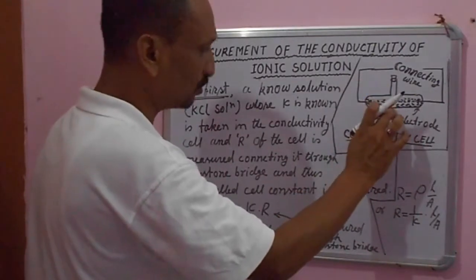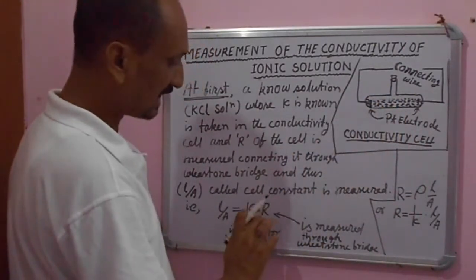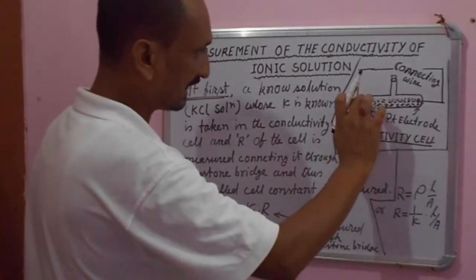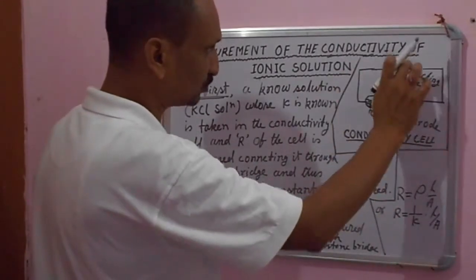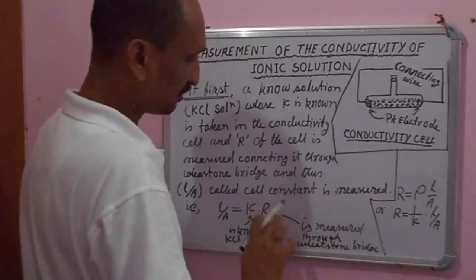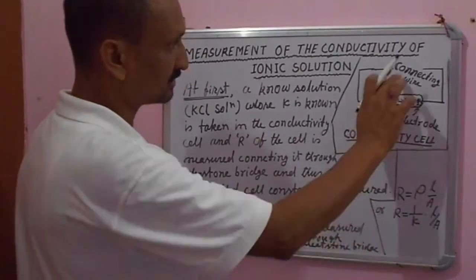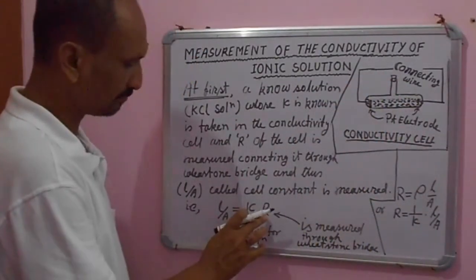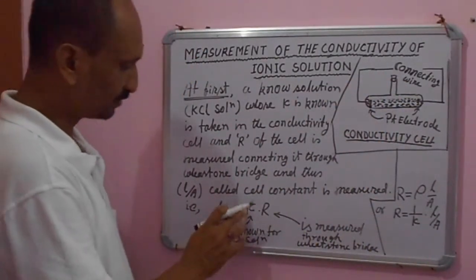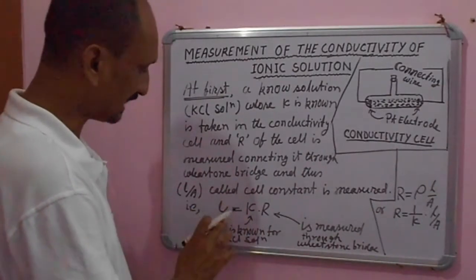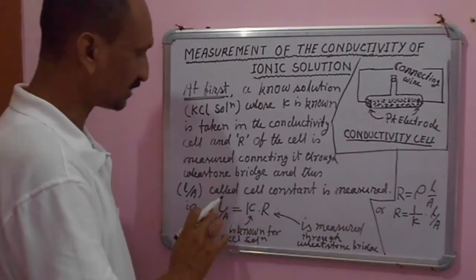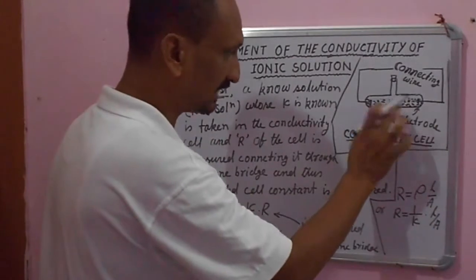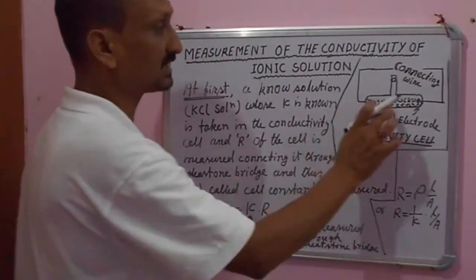Then we measure R by connecting this conductivity cell through a Wheatstone bridge. If you know the measured R and the kappa value, then you can find L by A. So this is a constant for this conductivity cell, and we call it the cell constant.